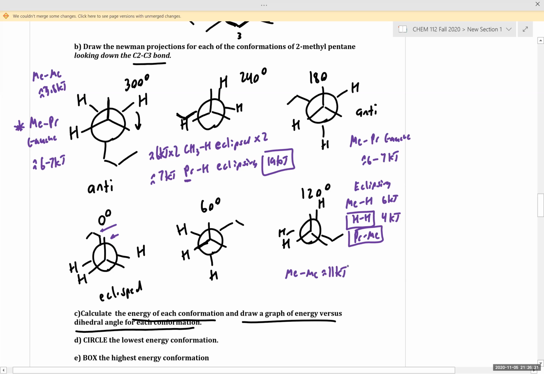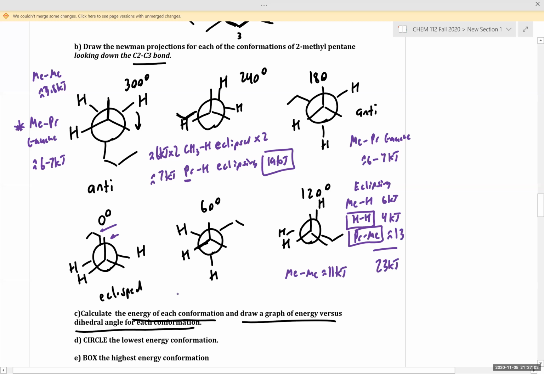So what would we estimate a propyl-methyl eclipsing interaction to be? Would it be greater than or less than 11? Greater, yep. I'd estimate it to be around 13. So we add this up and we get 23 kilojoules of strain.